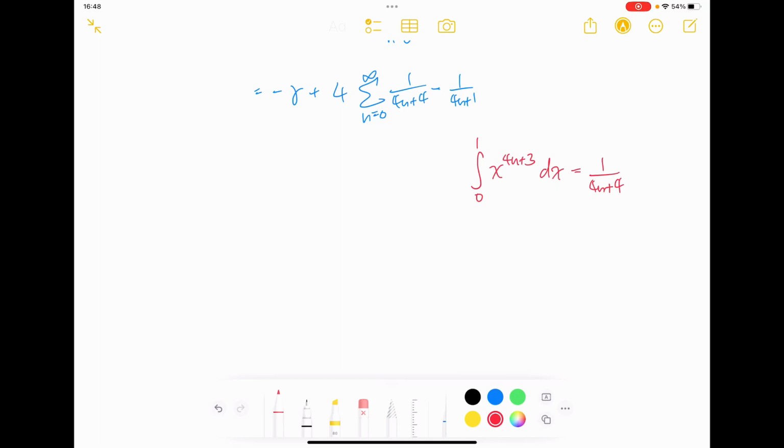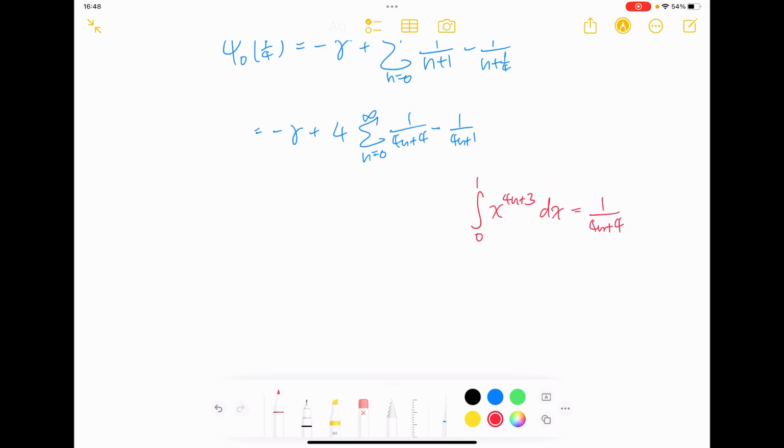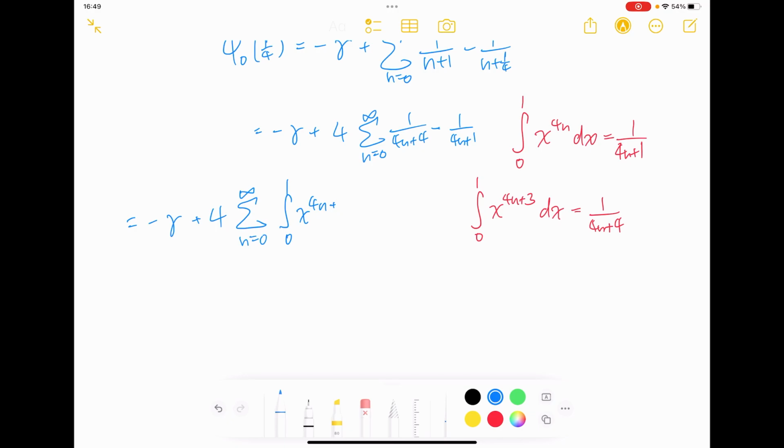Again, we have another integral from 0 to 1 of x to the 4n dx, and that gives us 1 over 4n plus 1. So if we substitute those in, we get minus oily macaroni plus 4 times the sum from n equals 0 to infinity, which we write as one big integral, of x to the 4n plus 3 minus x to the 4n dx.